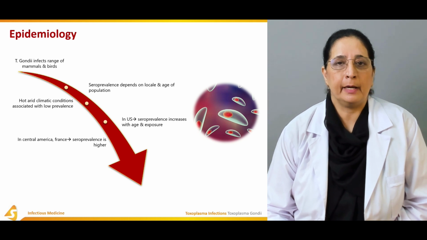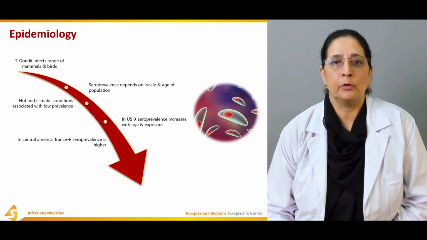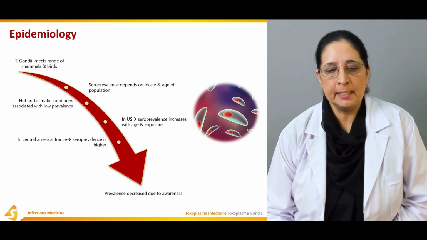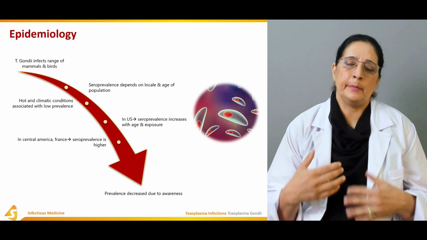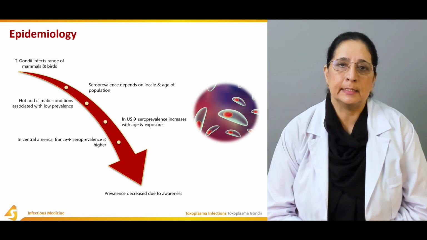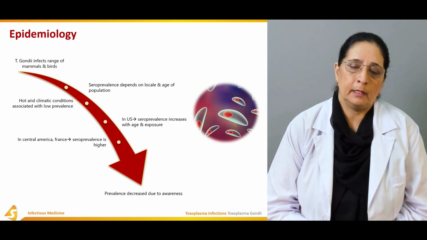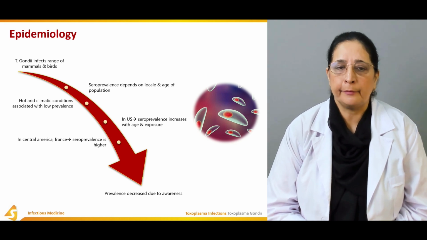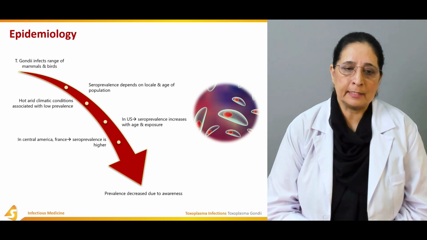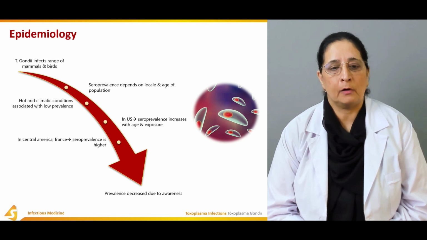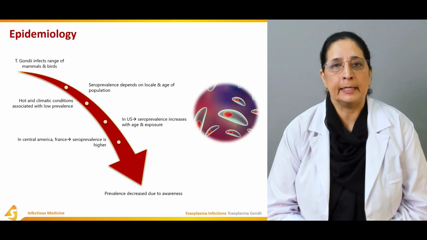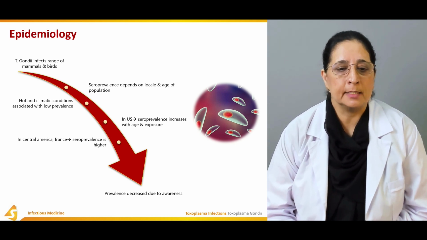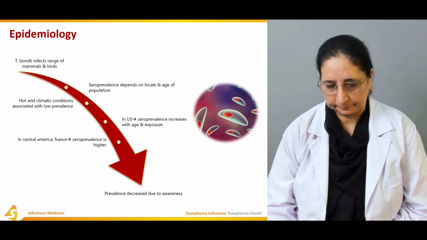In Central America and in France, seroprevalence is higher. Prevalence has decreased due to awareness. Once people are aware that this can occur, they take precautions, and that causes a decrease in the prevalence. So it's less common in areas with hot, arid climatic conditions, but it's more common in France and Central America.